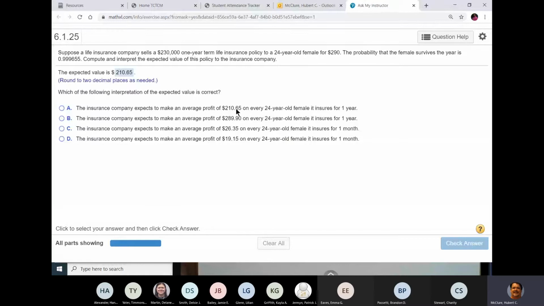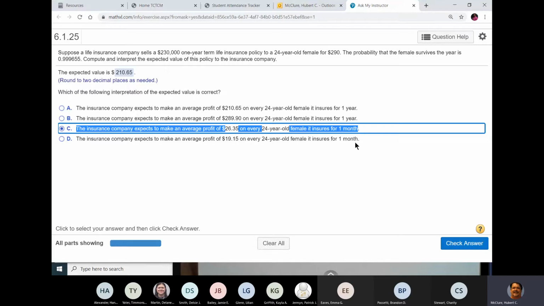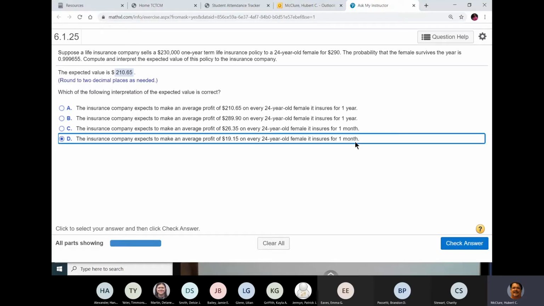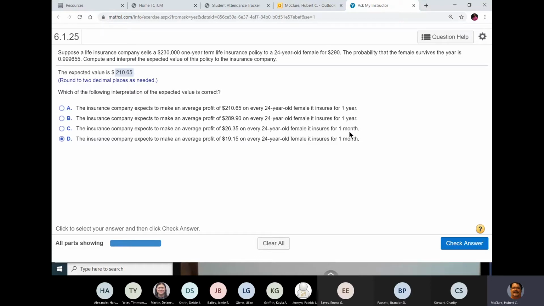Since 210 is the only one that has the answer, the other three don't fit. And this is per month. Those two are not it. C and D, you can automatically mark those out because those are per month. This is per year. When she pays per year, everything is based on a year. And that should be A.